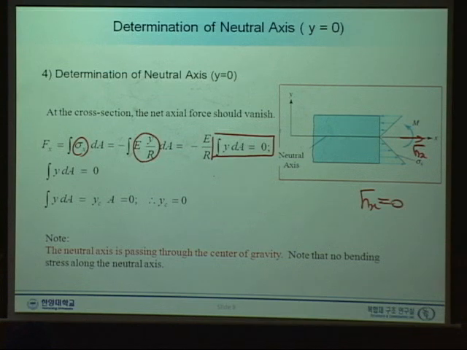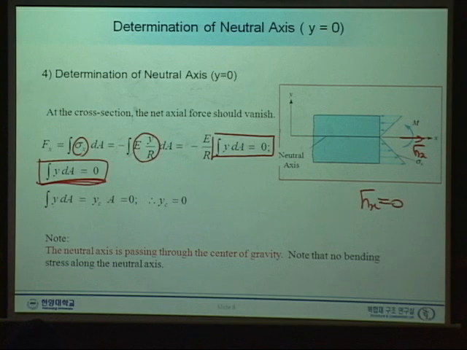And that gives us how to determine the neutral axis. Well, what does it mean? Integration y dA equals 0. Y needs to be located such that this should be 0.